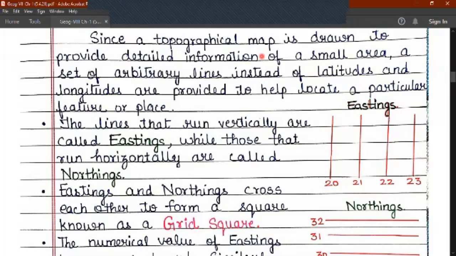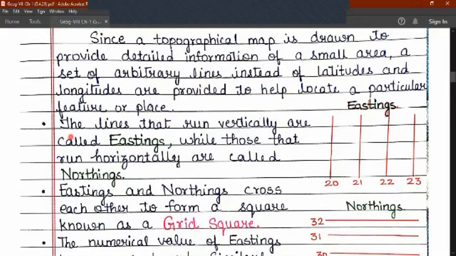Since a topographical map is drawn to provide detailed information of a small area, a set of arbitrary lines instead of latitudes and longitudes are provided to help locating a particular feature or place.